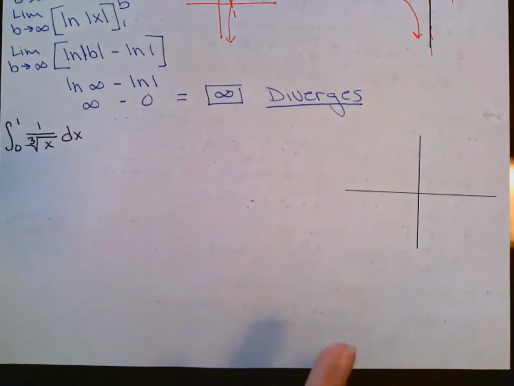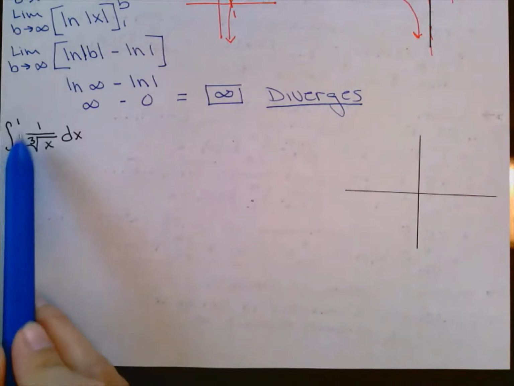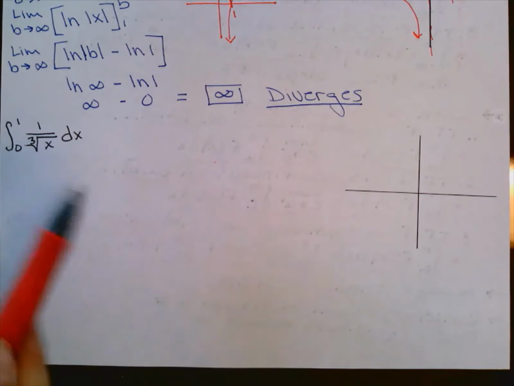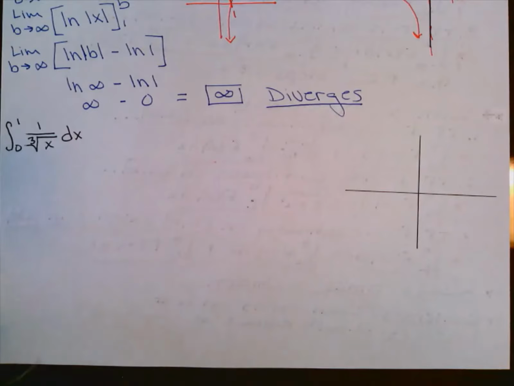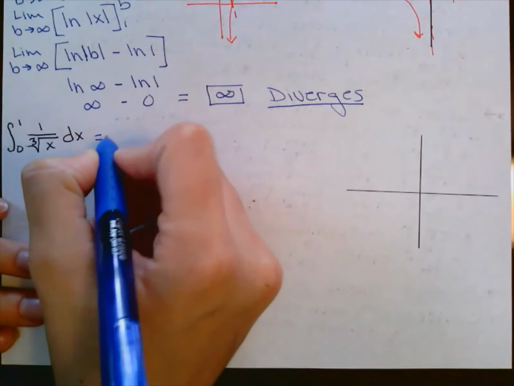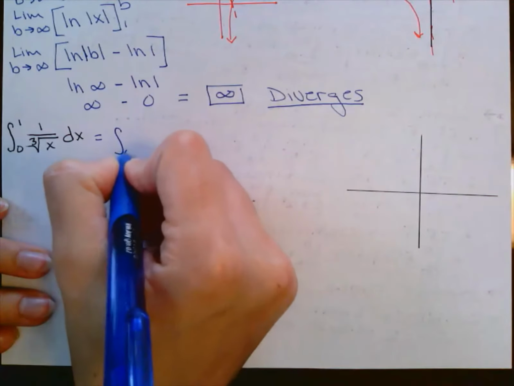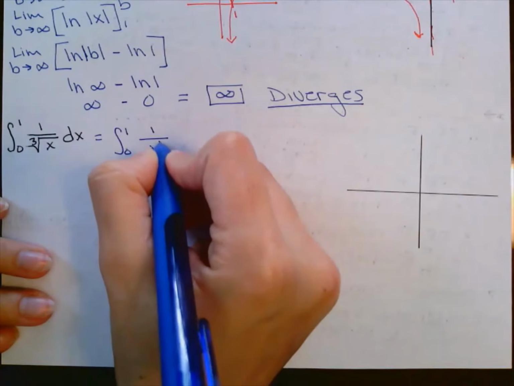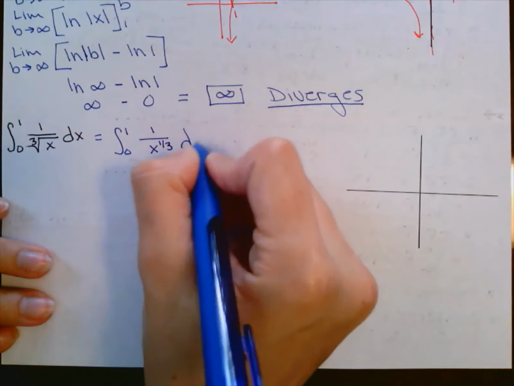So this next one is not as obvious to see, okay? I have from 0 to 1, you don't see the infinities there, but I know that these rational functions of 1 over x to some power are going to give me some sort of an asymptote somewhere. So let's analyze that really quick. I'm going to take a minute to rewrite this as the integral from 0 to 1 of 1 over x to the 1/3 dx.